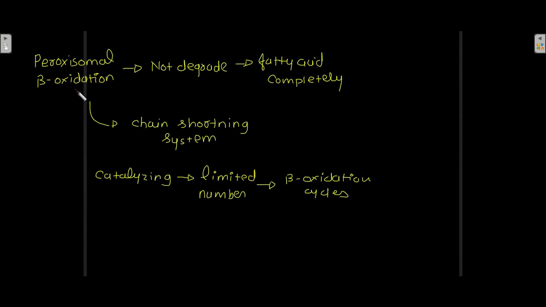Now this peroxisomal beta oxidation does not degrade the fatty acid completely. Instead, peroxisomal beta oxidation acts as a chain shortening system, and it catalyzes a limited number of beta oxidation cycles.